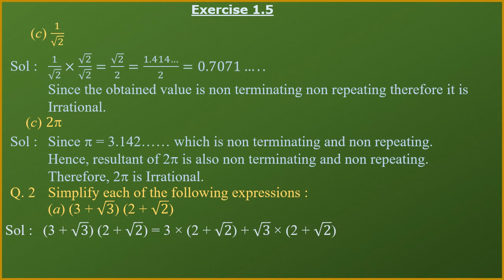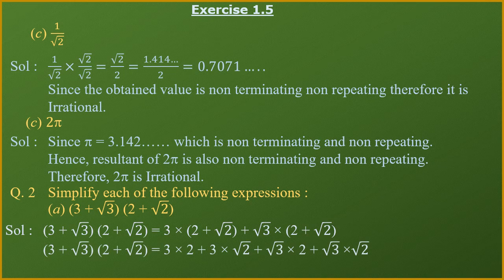Now one by one let us do the multiplication. 3 is going to multiply with 2, plus 3 is going to multiply with root of 2. Similarly, in the last two terms root of 3 is multiplying into 2 and root of 3 is also multiplying with root of 2. Since here all the terms are given with the positive sign, we need not worry about the sign. However, you need to take care of sign also. The sign will also be multiplied of the respective two terms.